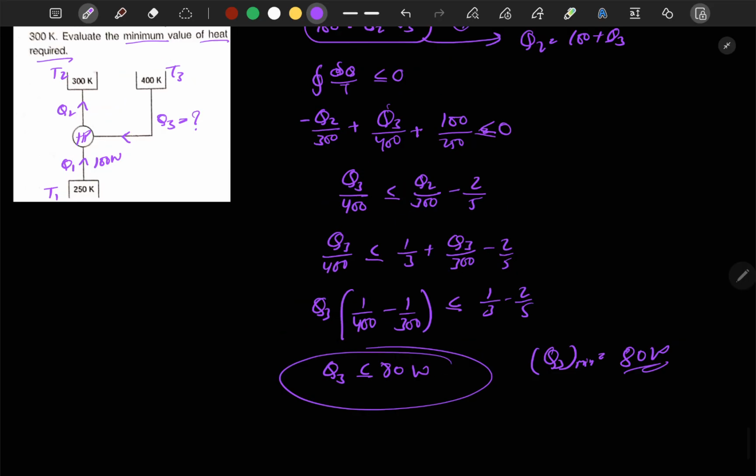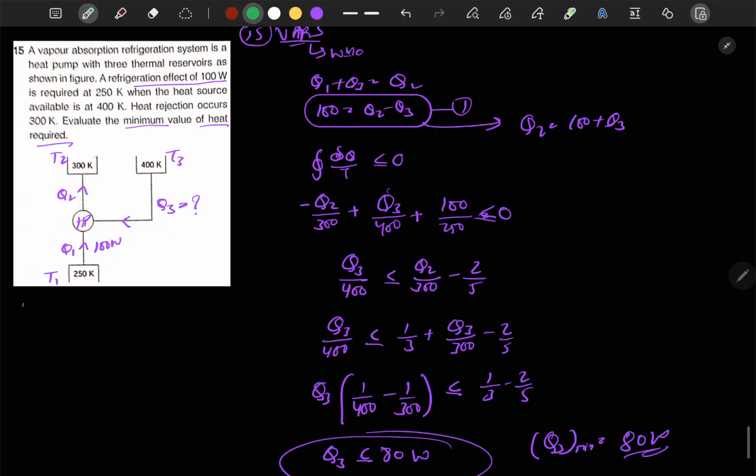Or we can also solve it in another way. Since it is a vapor absorption refrigeration system with three thermal reservoirs, we can directly calculate COP using TG, TC and TE. We know TG is 400, the maximum temperature, then 300 Kelvin and 250 Kelvin.